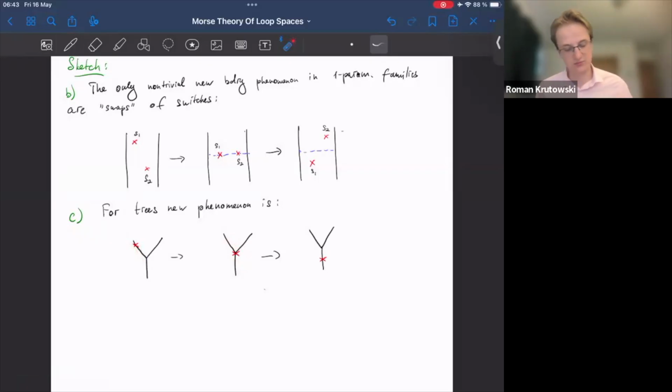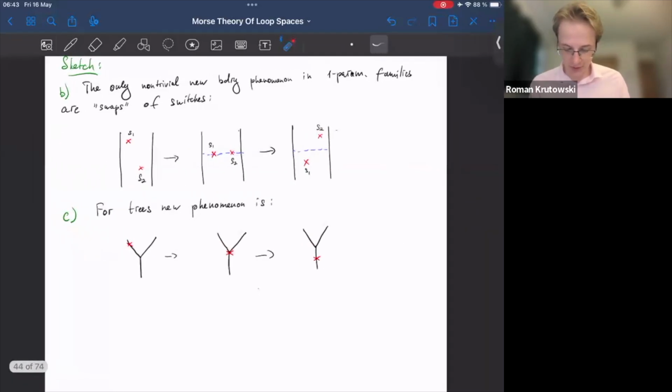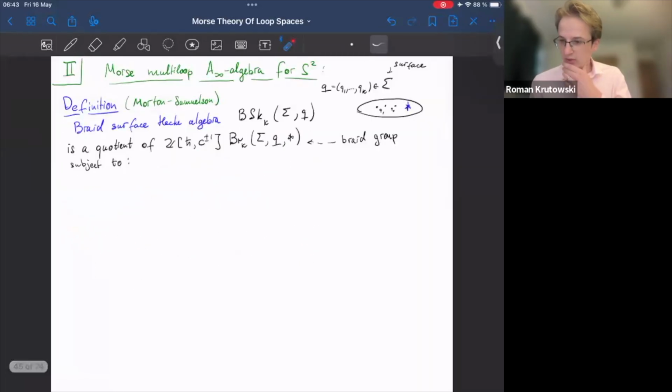But again, these are the only problems. Okay. So now that we have this theory well defined, let me talk about how we compute it. Maybe I would pause. Are there any questions at this point?